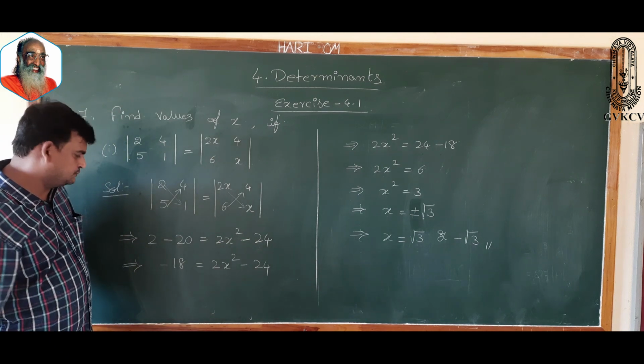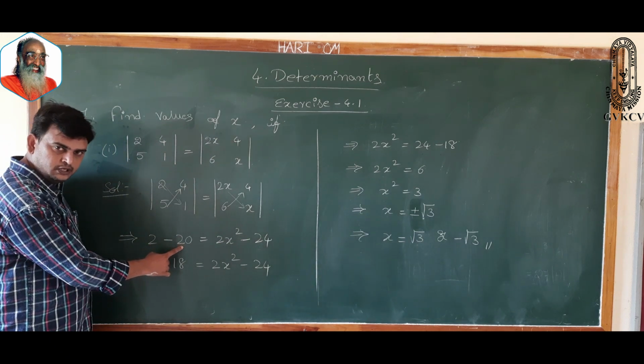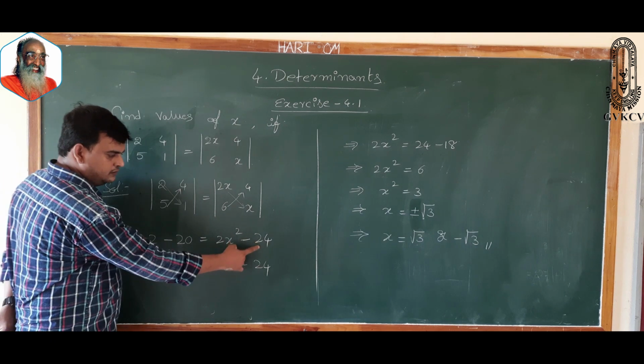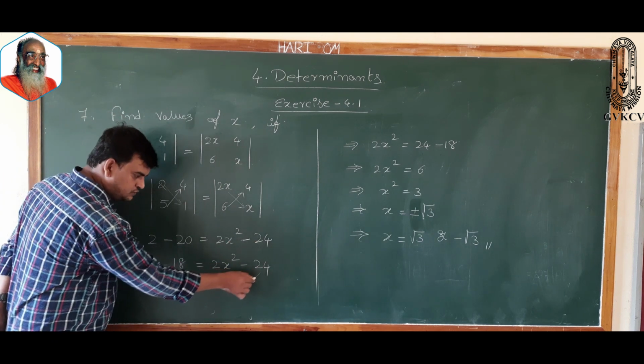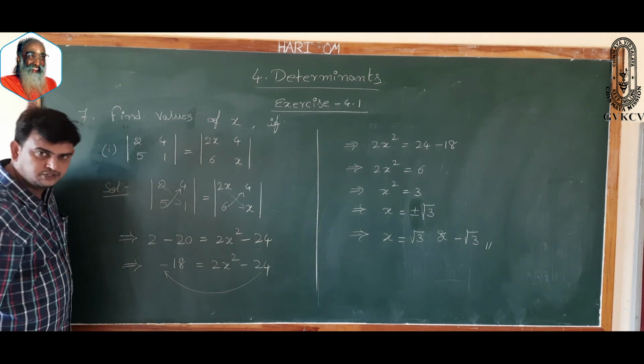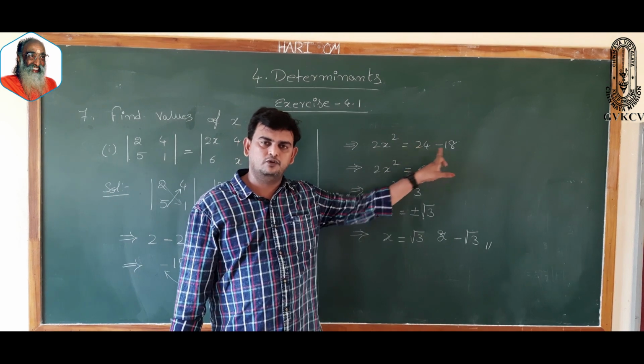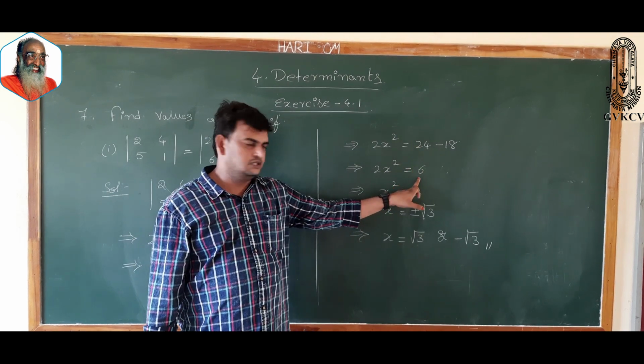By transposition, 2 minus 20 gives us minus 18, which is equal to 2x squared minus 24. Minus 24 comes to this side and becomes plus 24. So we have 2x squared is equal to 24 minus 18, which gives us 6.